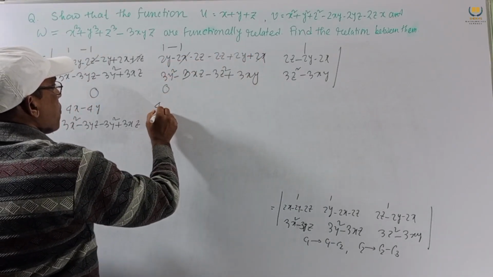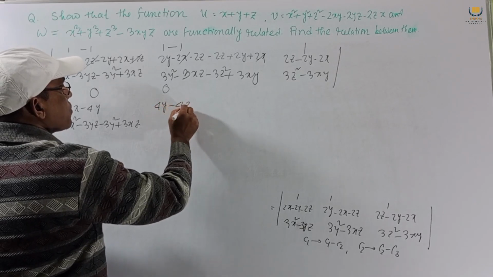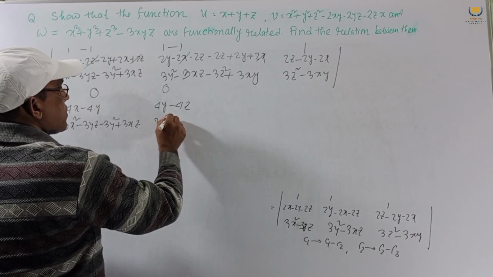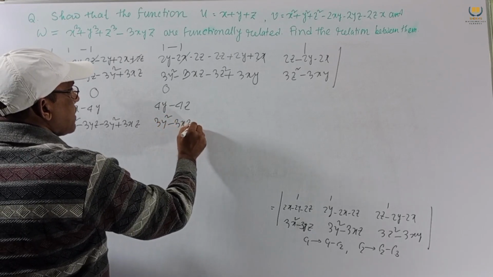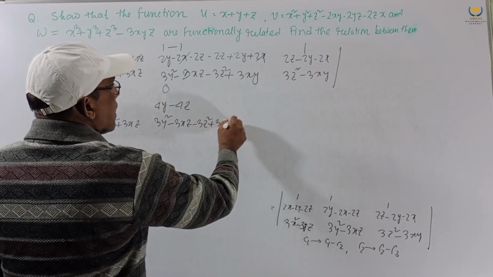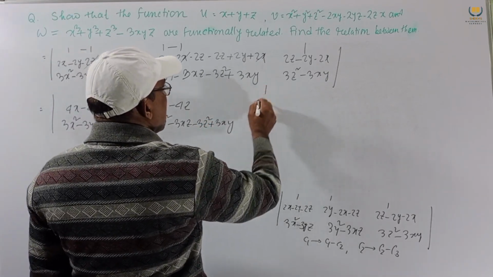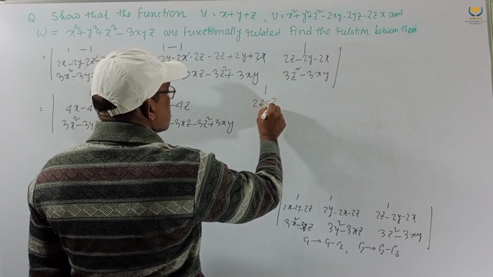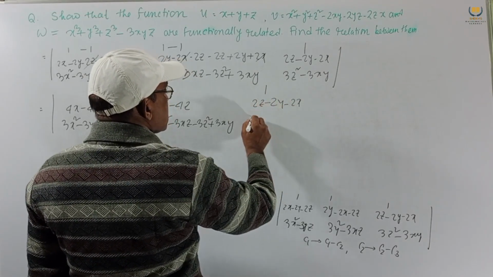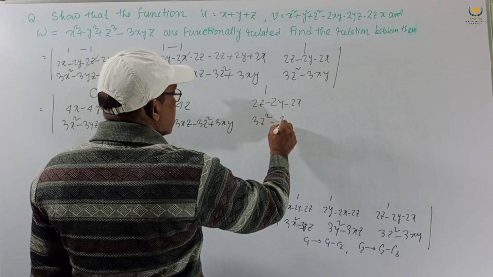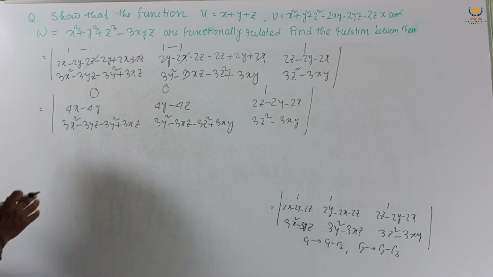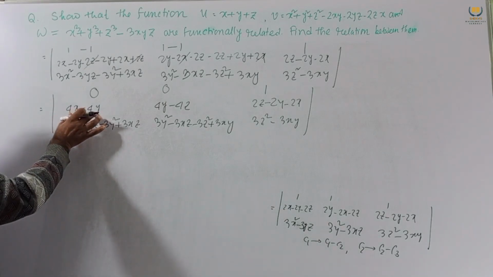This is 4y minus 4z, 2z 4z, and 3y square plus 3xz minus 3z square plus 3xy, and this is remain same 1, 2z minus 2y minus 2x, and this is 3z square minus 3xy. We get this, and from this we taking 4 common.